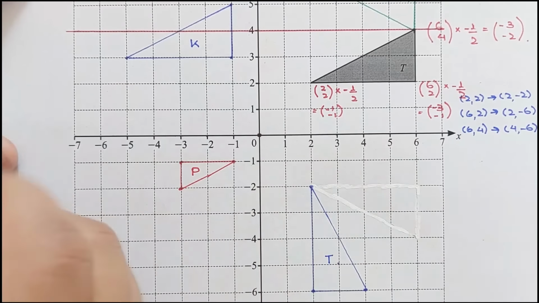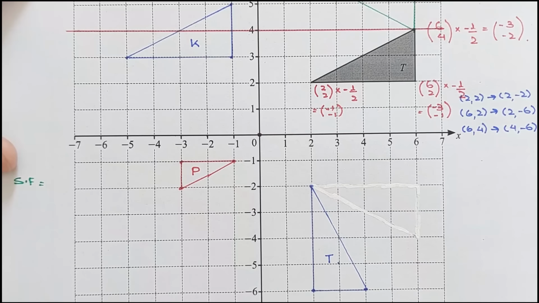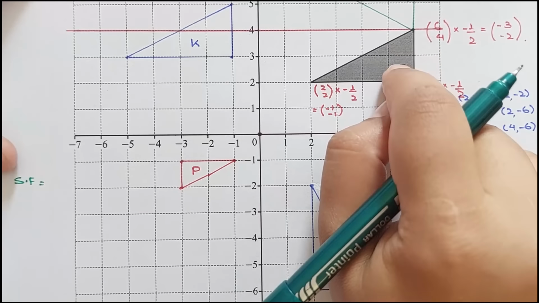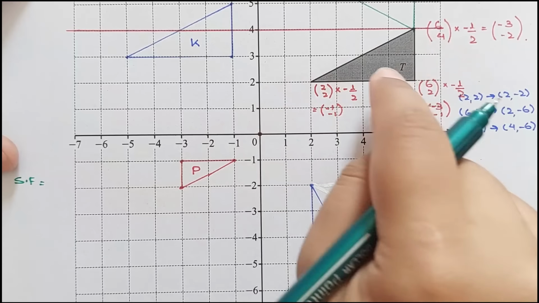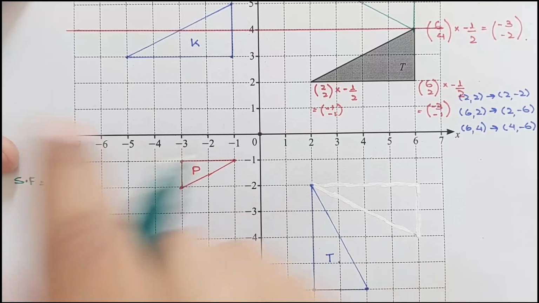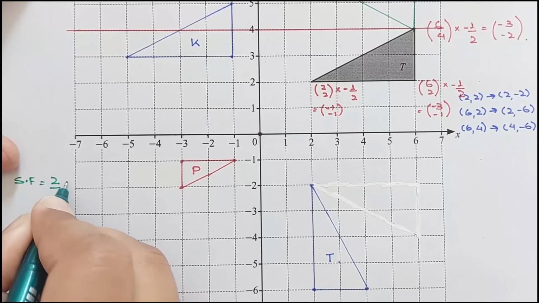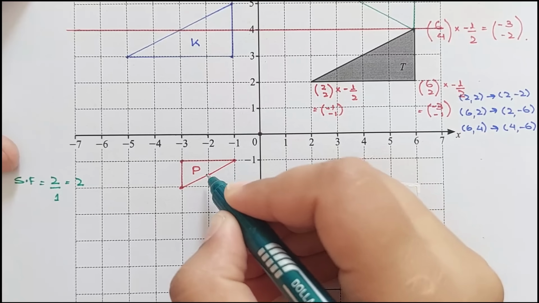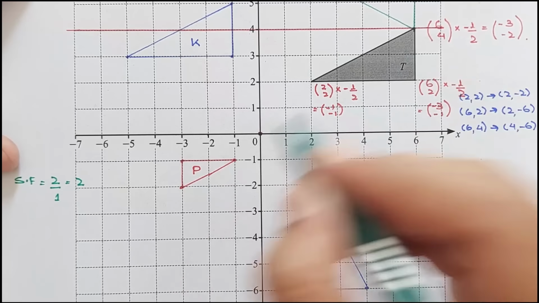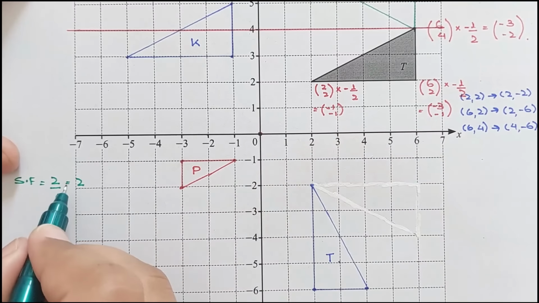Now the scale factor has a formula. According to the scale factor, this is now my image and this is my original. According to the second part of D, the image is 2 units, the original is 1 unit. So image over original is going to be 2. But you can see the original and the image are on opposite sides of the center of enlargement, so it is negative.